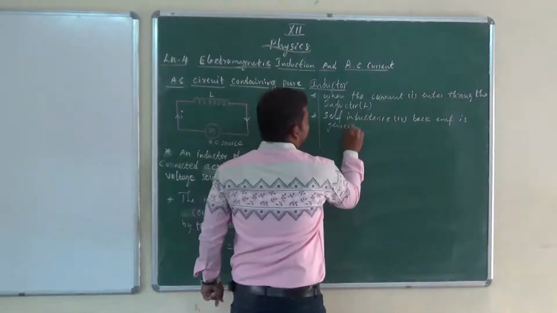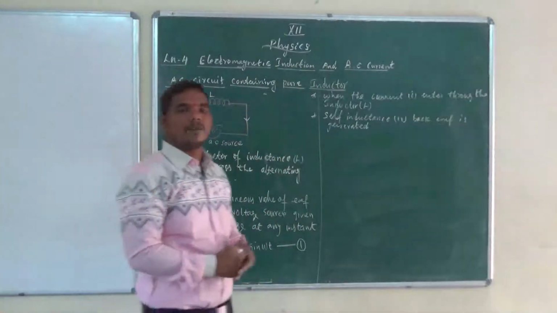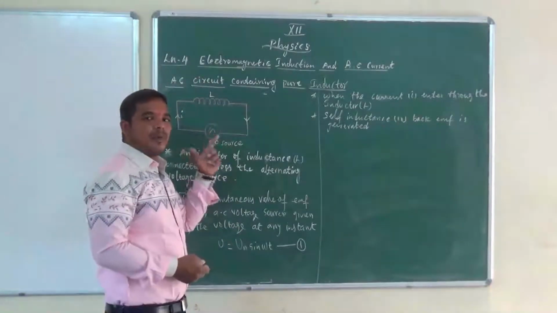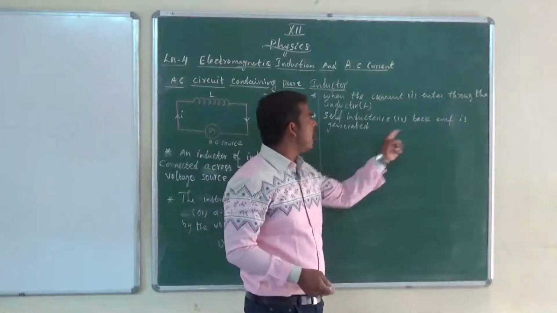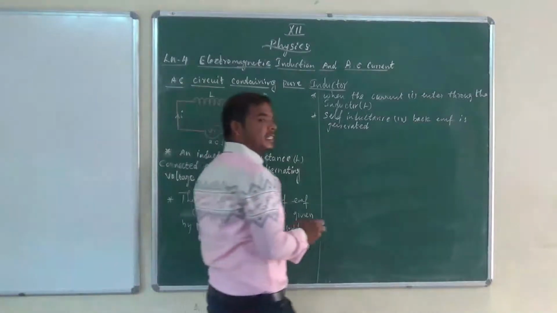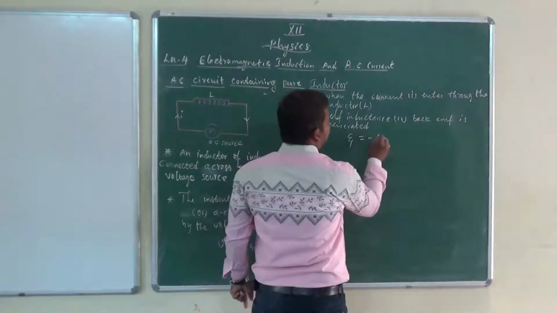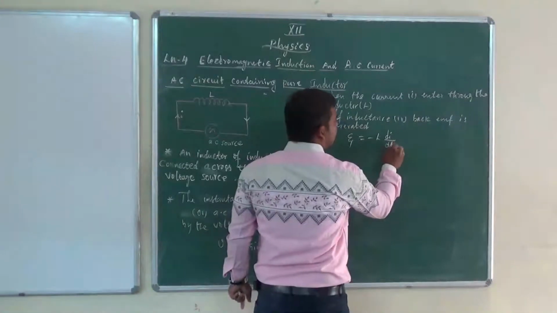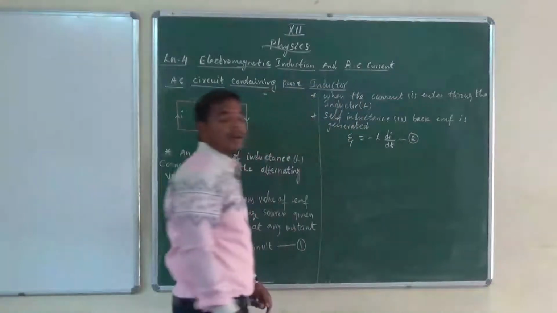We already discussed this in detail in self inductance and mutual inductance. The property of the coil is that it opposes the growth of current, isn't it? So self inductance or back EMF is generated in the AC circuit, represented by EMF equal to minus L dI by dt. This equation we have studied in detail. Consider this equation number 2.